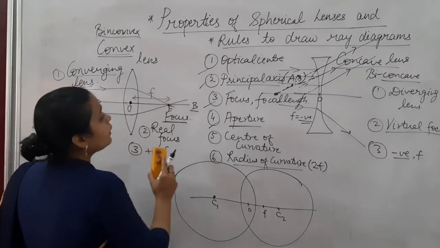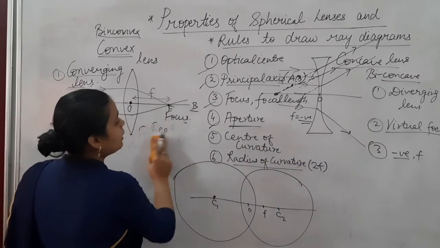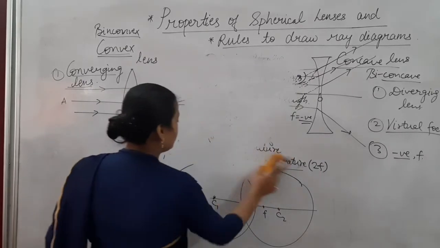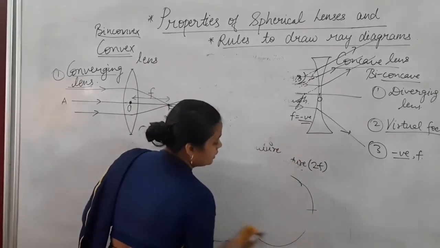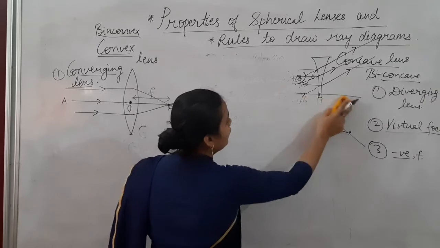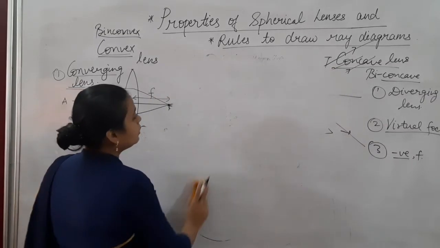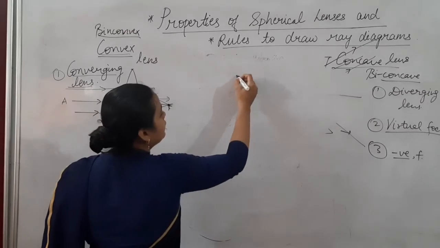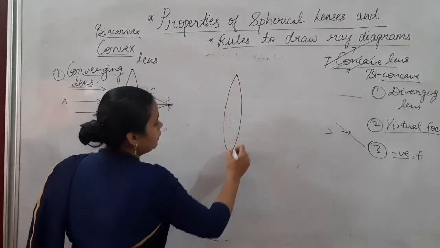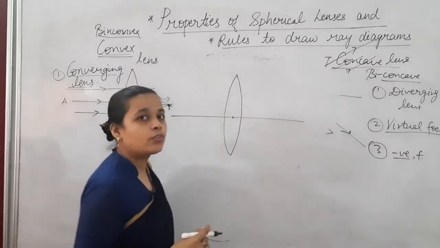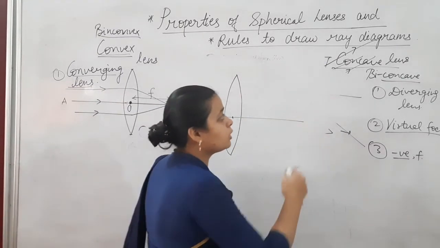Now if we learn the rules one by one regarding the drawing of spherical lens ray diagrams, what will be the rules? I am telling it in context to a convex lens, because there will be more number of ray diagrams using convex lens in comparison to concave lens.